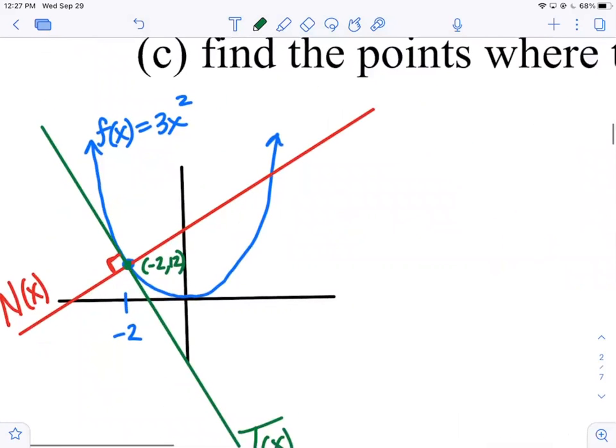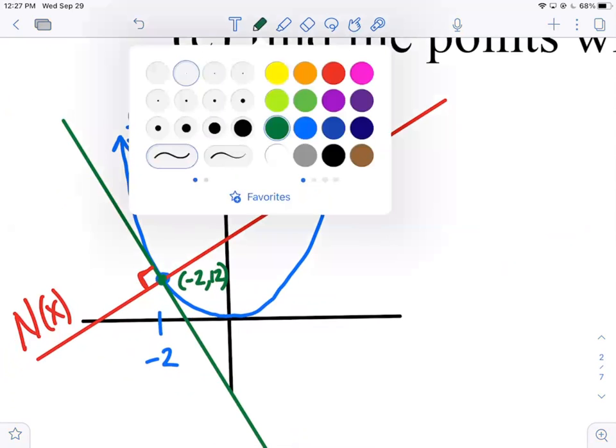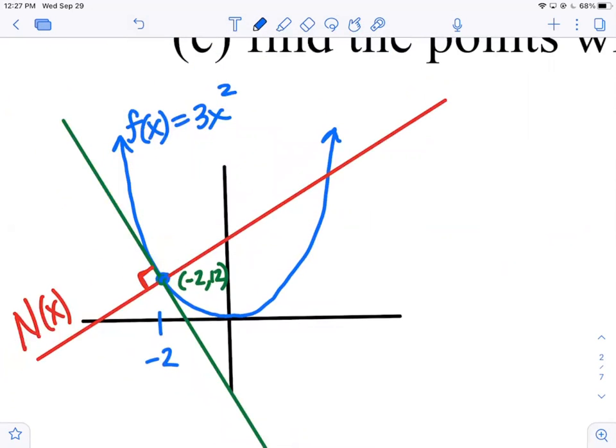Well, this is where, if you hadn't done so already, it would be helpful to draw a picture, but it's still not required. So there's two places where the normal line in red crosses the function in blue, right? Here at the point (2, 12), we already know that point. And there's another one over here.